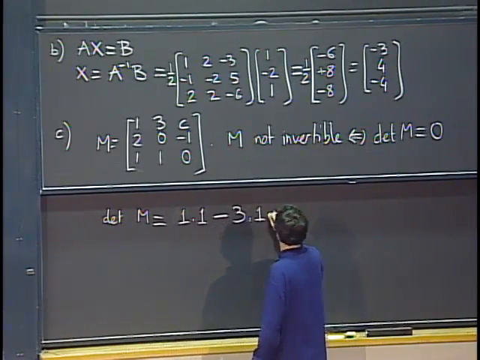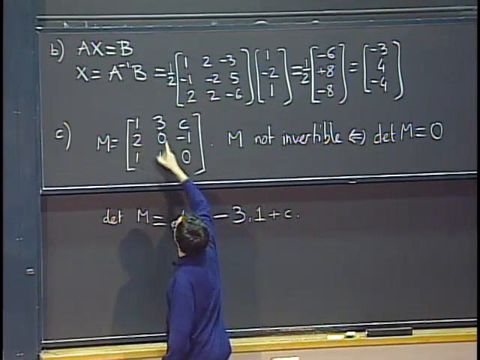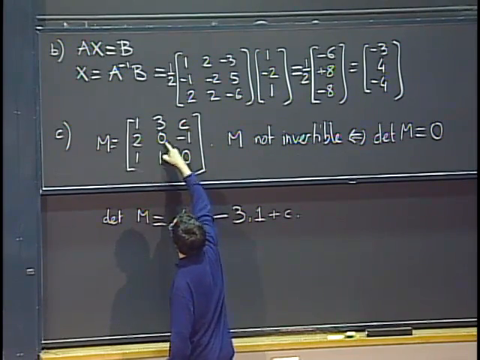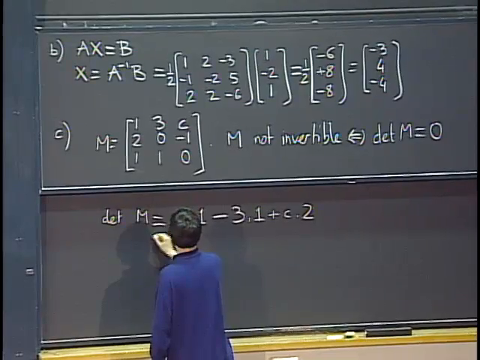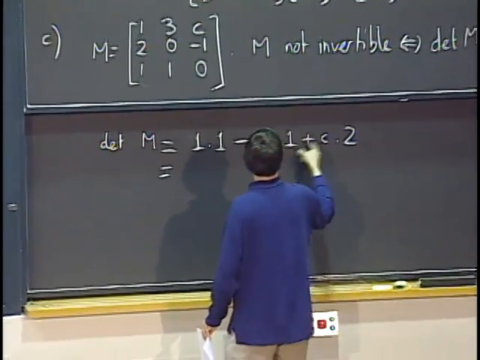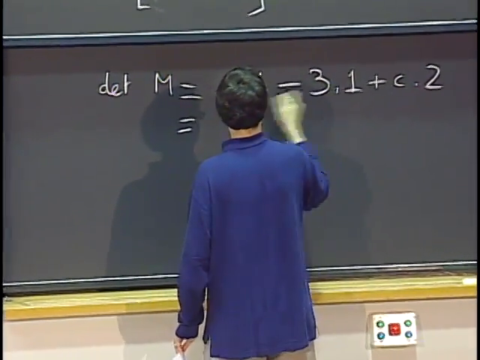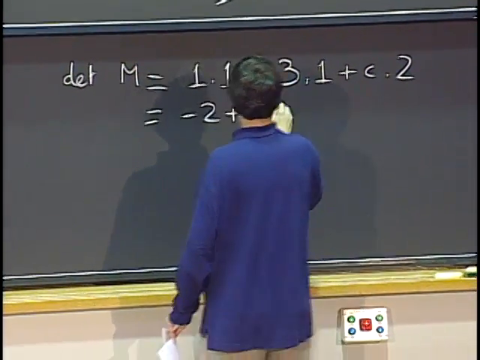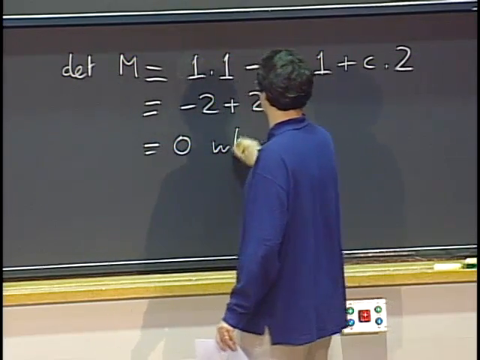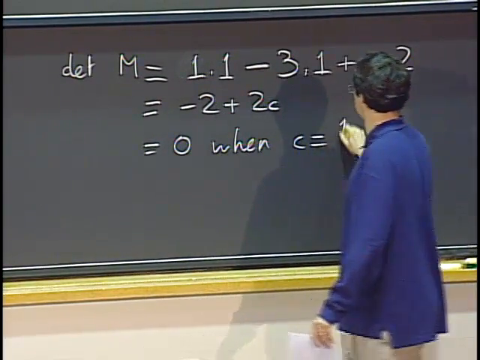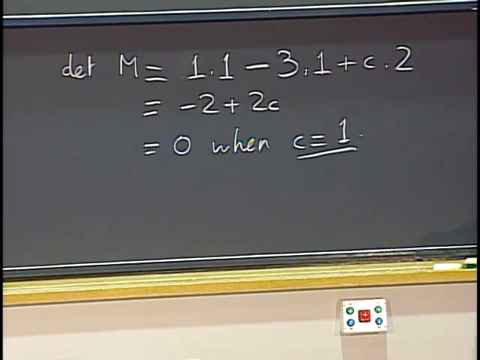And then we have plus C times the lower left determinant, which is 2 times 1 minus 0, is 2. So that gives us 1 minus 3, which is negative 2, plus 2c, that's 0 when c equals 1. So for c equals 1, this matrix is not invertible. For other values, it is invertible.